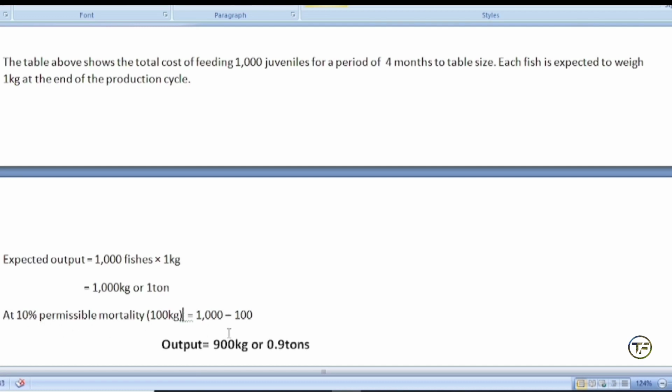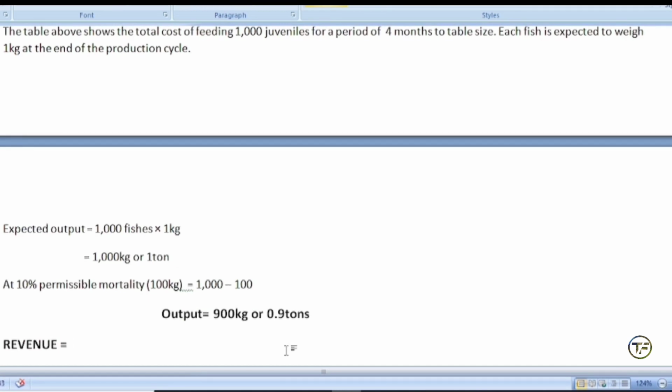So at 10% permissible mortality rate, we are going to have 1,000 minus 100. 100 is 10% of 1,000. Okay, so eventually, worst case scenario, your output at the end of the production cycle should be 900 kg or 0.9 tons. All right, very good.